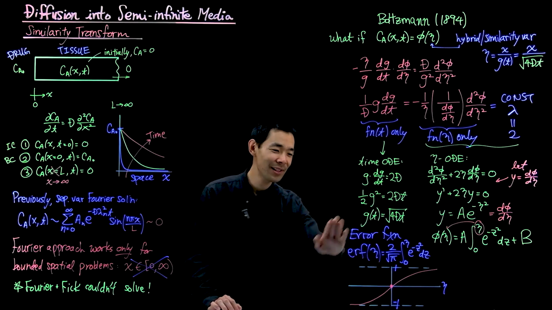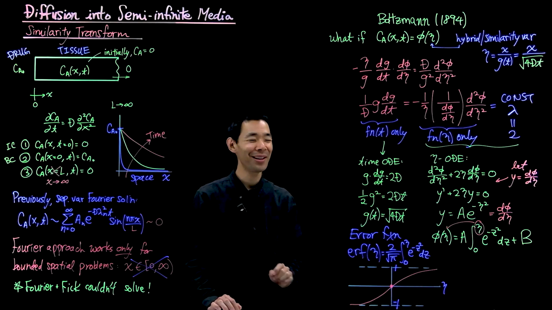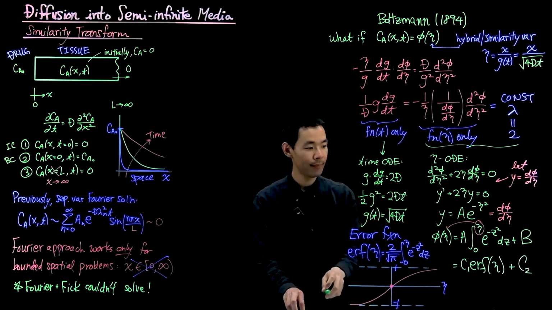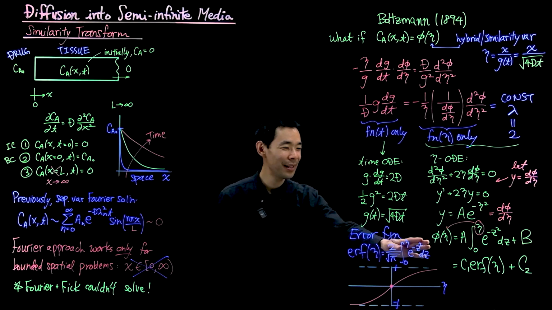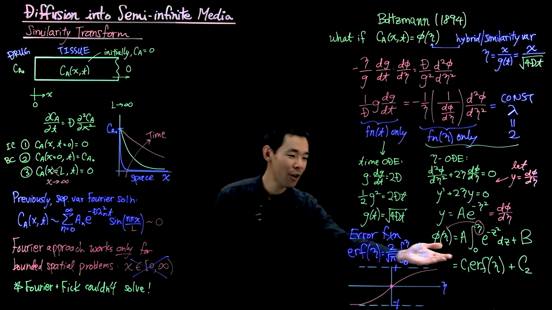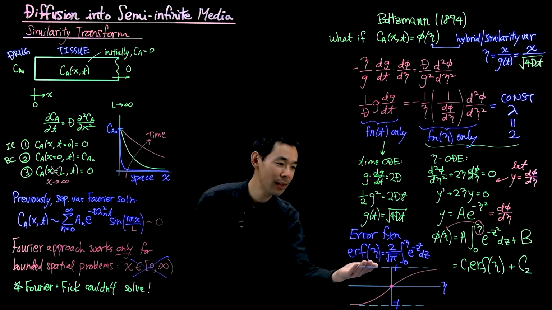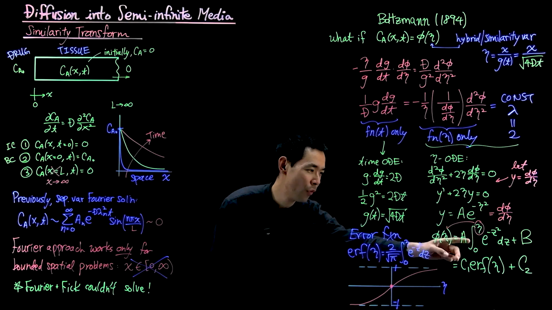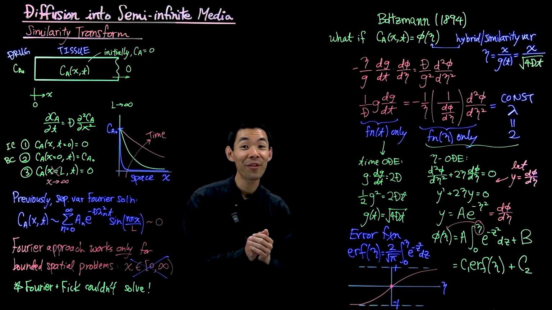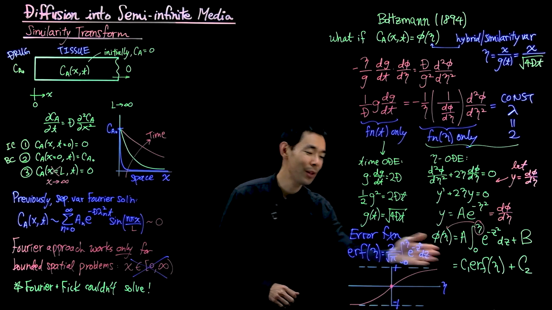Now, with this error function definition, we can rewrite our solution like the following. I've rewritten the solution as some constant c1 times the error function, because all we've done is multiply by 2 over square root of pi, such that we can rewrite it as the error function. That's why I'm not calling it the same variable.